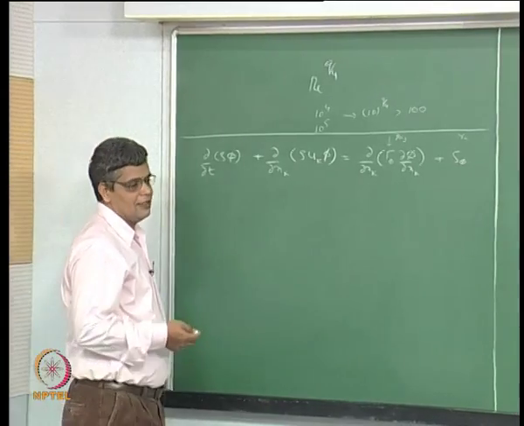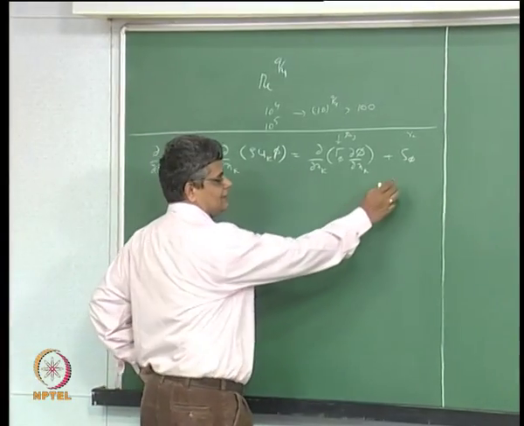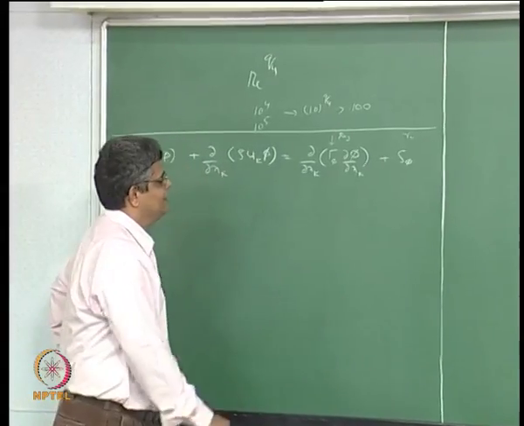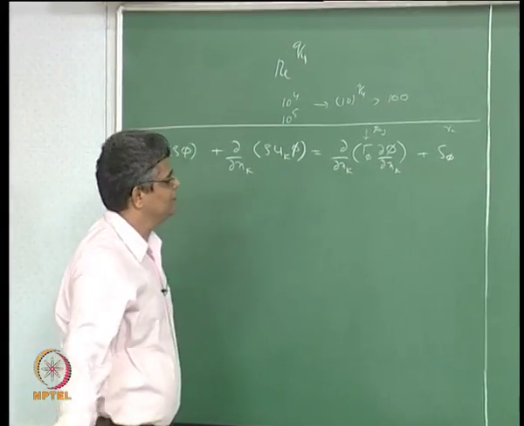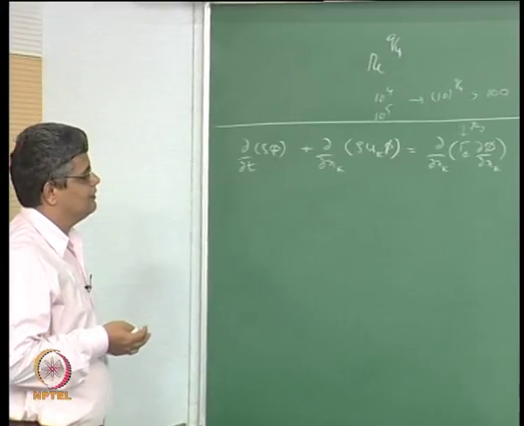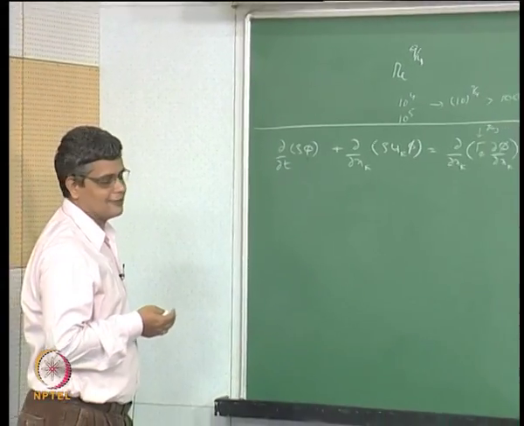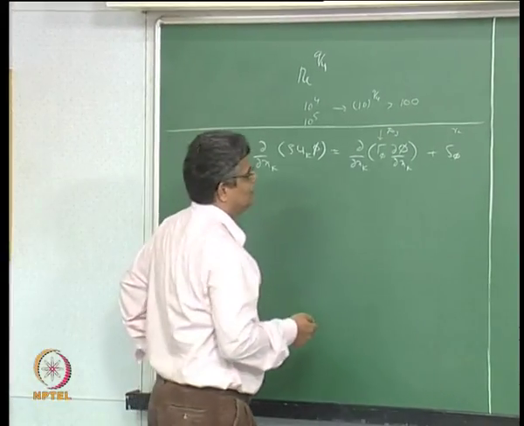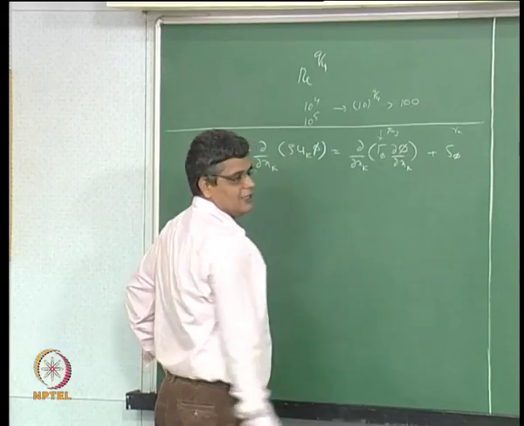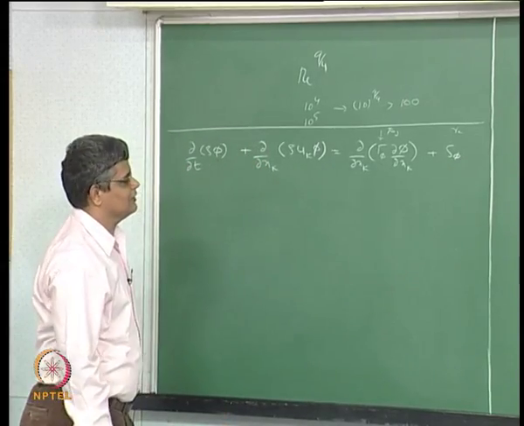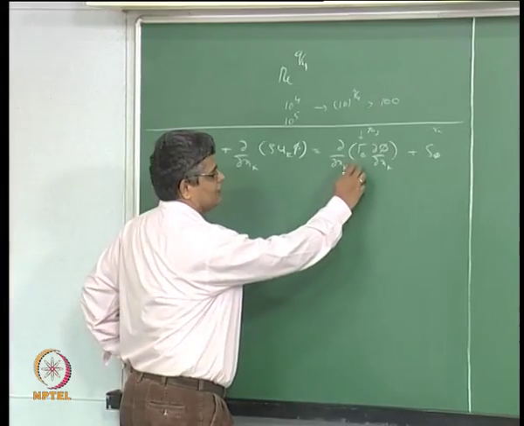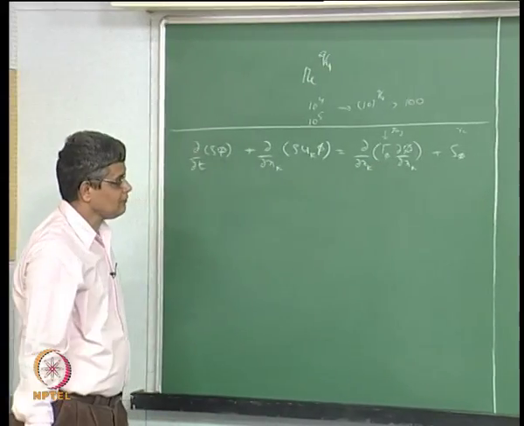And for a linear momentum equation, this becomes the pressure gradient and this becomes viscosity, and for heat conduction, for the energy equation, this may be some internal heat sources if there are any, and this becomes the thermal conductivity.